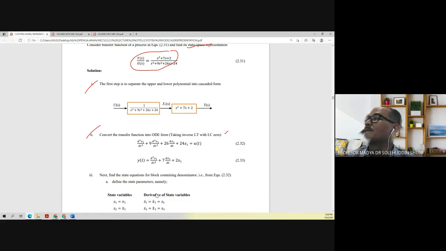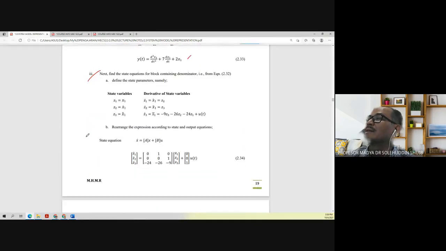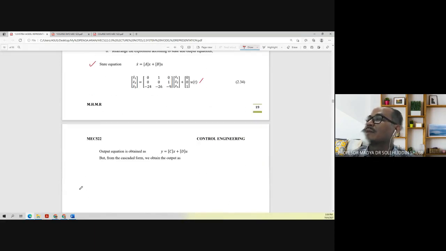For y(t) we have d squared x1 over dt squared plus 7 dx1 plus 2x1. Then we proceed like before to define the state parameters, and rearrange into the state equation in this form. For the output, from the cascaded form, we obtain the output as follows.